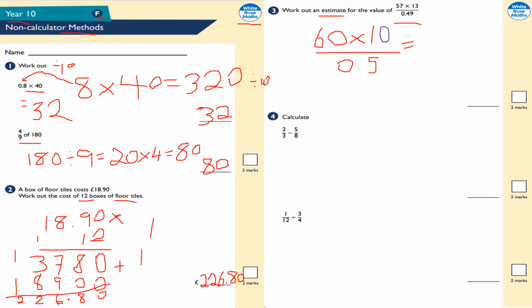So 60 times 10 is going to be 600. 600 divided by 0.5. Dividing by 0.5 actually doubles your answer, because if you think of it, a half goes into 1 twice. So if I double it, it's 600 times 2, which is equal to 1,200.